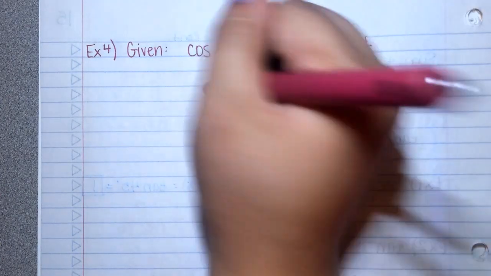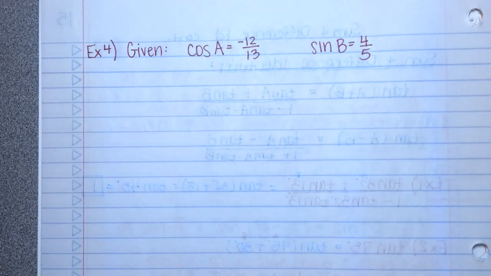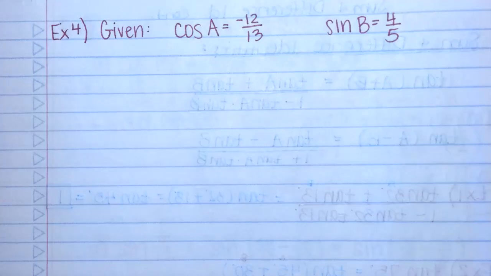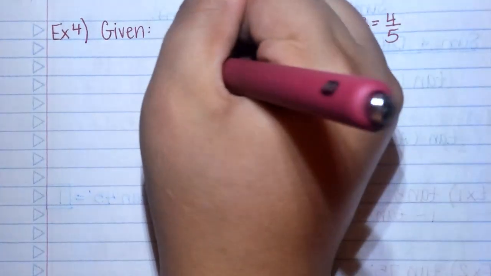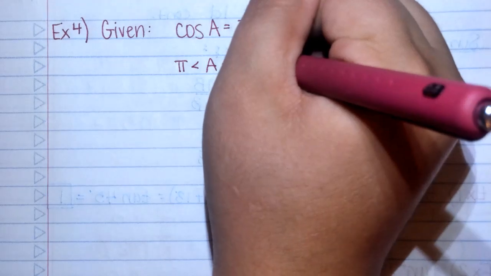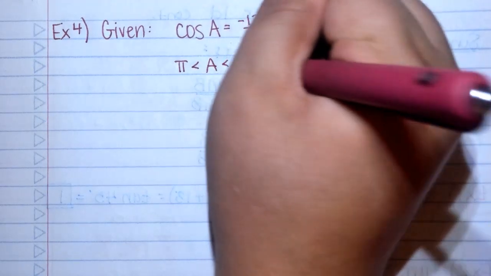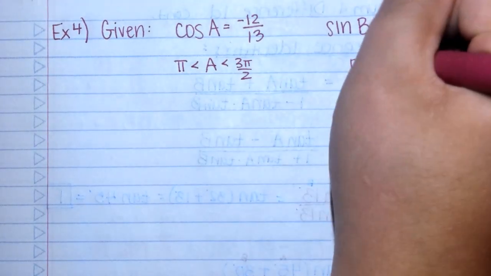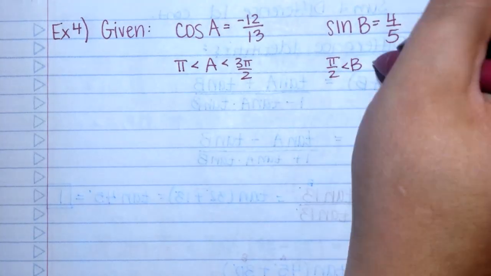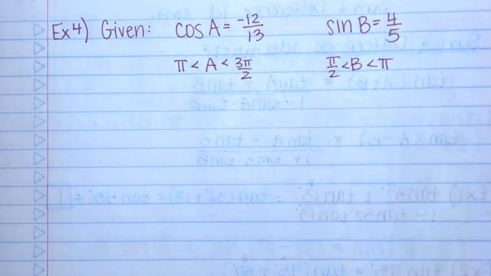Alright, and you need to know the cosine of A is negative 12 over 13, and the sine of B is 4/5. I need you to know that A is between pi and 3 pi over 2, and B is between pi over 2 and pi.